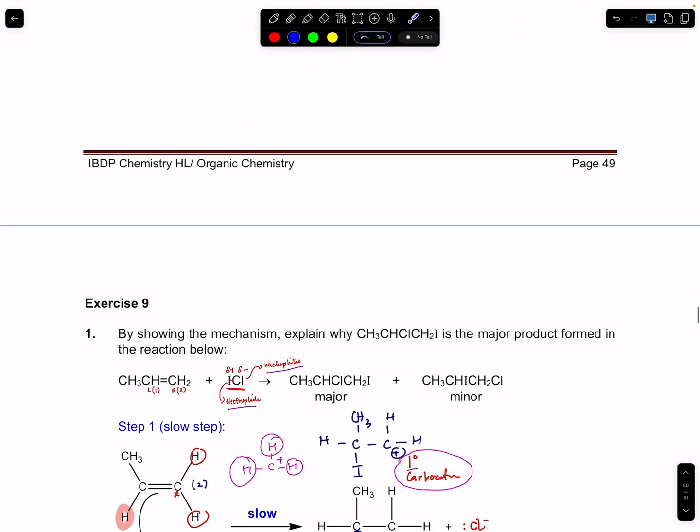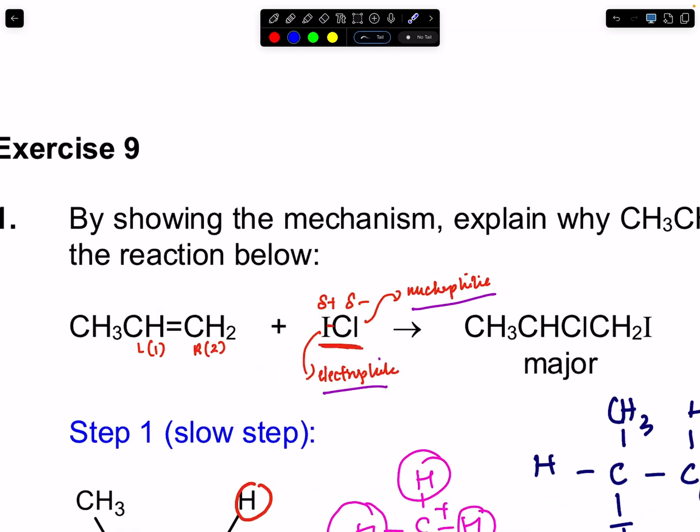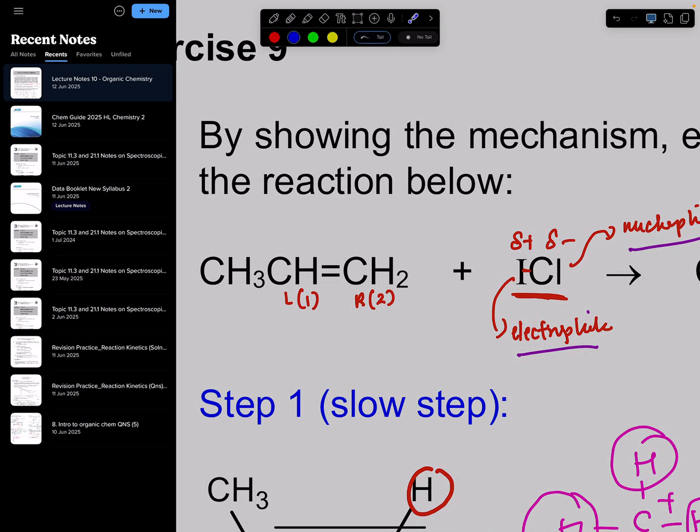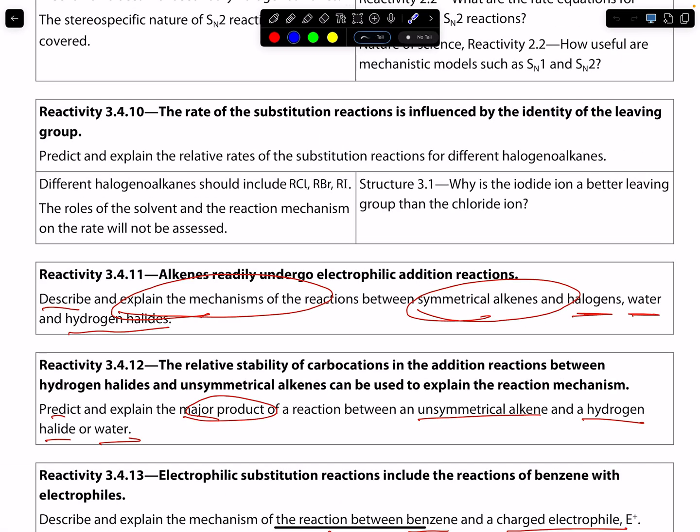So, if you take a look at exercise 9, you are dealing with an asymmetrical alkene, correct or not? And how do we do it very, very quickly without even drawing the carbocations? Because in your chem guide, they said, explain the major product for a reaction between an asymmetrical alkene and a hydrogen halide.